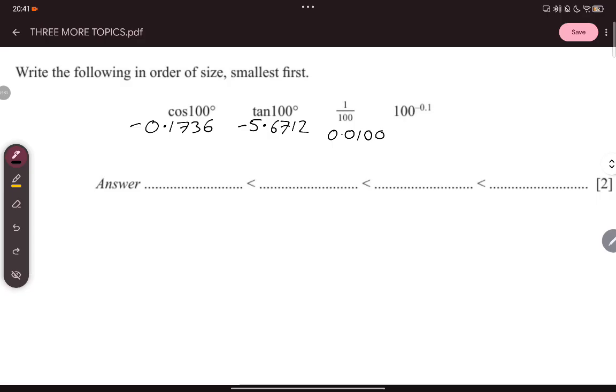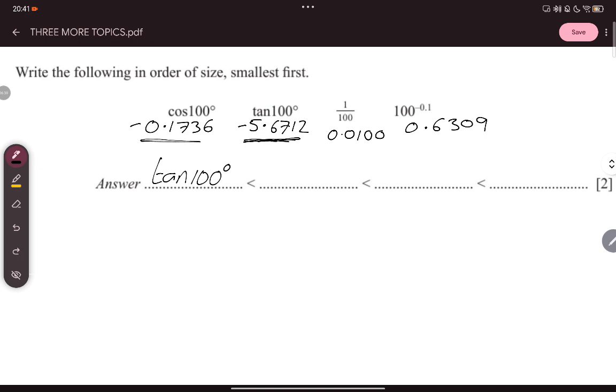And 100 to the power of negative 0.1. Okay, let's see what that is. Calculator job for that one, probably. So 0.6309. Okay, they want the smallest first. Well, the tan 100 is negative 5 point something, and negative 5, if you think about the number line, is going to be smaller than negative 0.1 and smaller than positive numbers. So the smallest number there is tan 100 degrees.